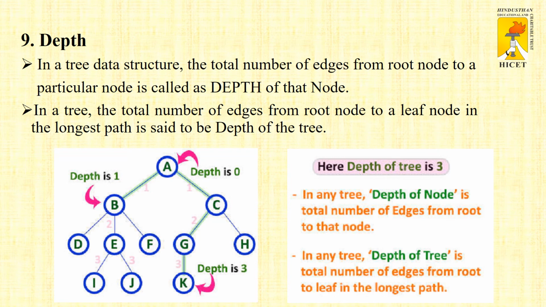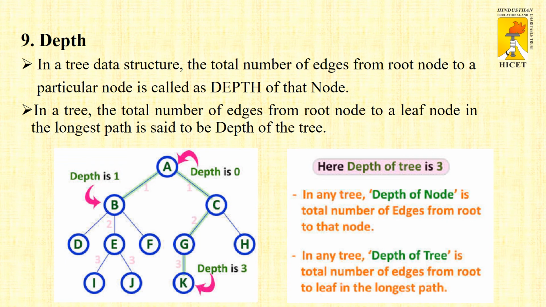If I take K from the root node, I have to move to C, that is one edge. From C I move to G, the second edge. From G I move to K, the third edge. So the depth of K is 3. The root node is always at depth 0.